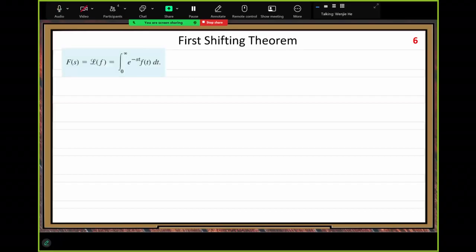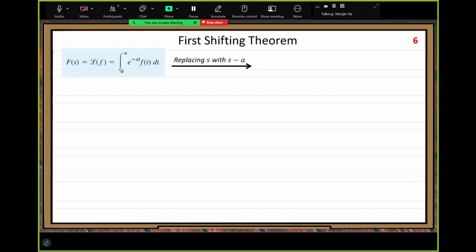This is the definition of the Laplace transform. Then think about it: we replace s with s minus a. That's a shift operation. A is a constant.